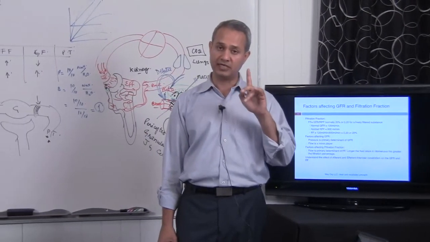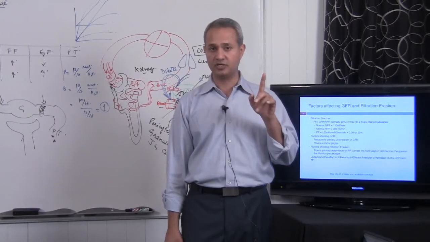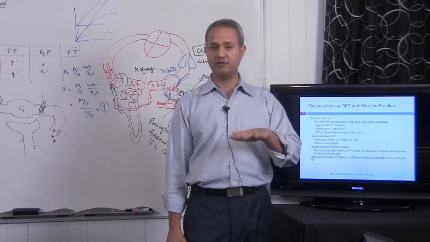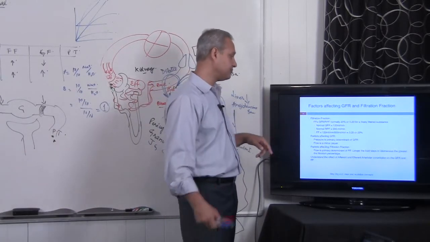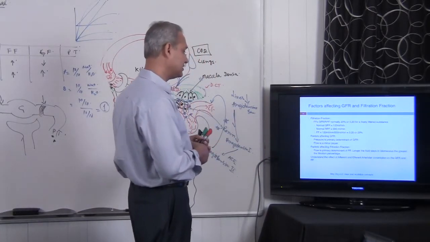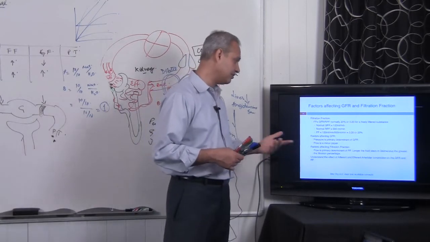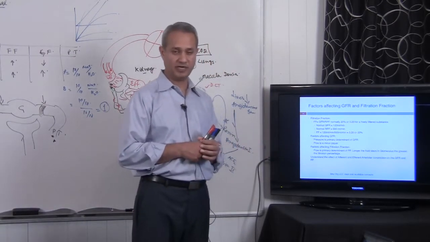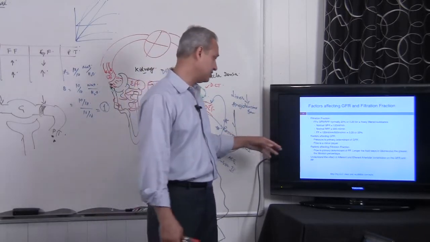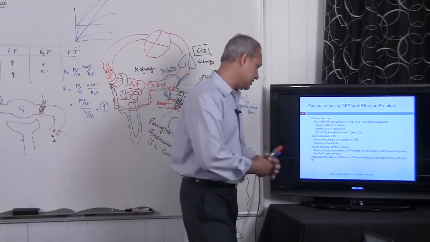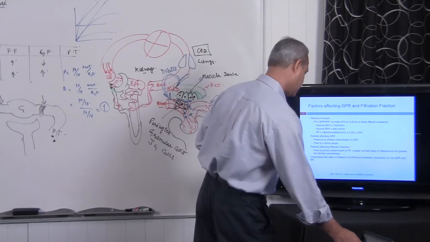Low flow, greater filtration fraction. Higher flow, lesser filtration fraction. Don't forget that. You can actually use that here as well. Similarly, for factors affecting GFR, pressure is a primary factor and the flow is a minor factor. We'll talk about these topics in detail later. Okay, so that is that.